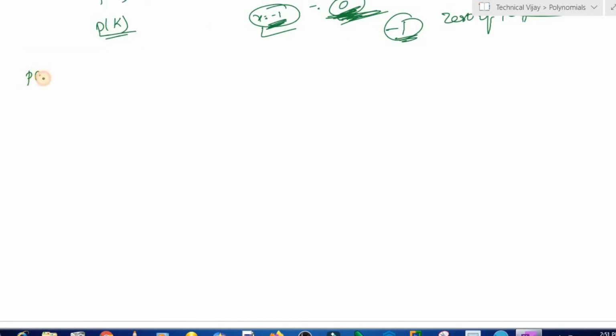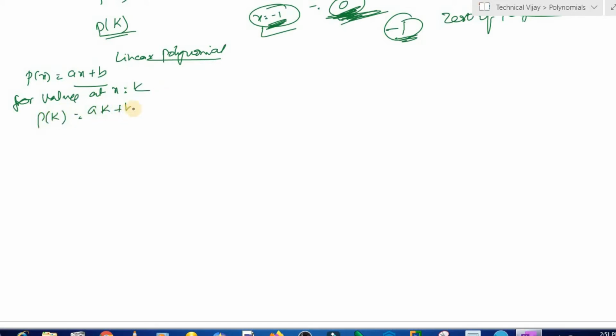In general, for a linear polynomial, p of x is equal to ax plus b. For the value at x is equal to k, p of k is equal to ak plus b. To find the zero, we have to put 0 here, so ak plus b is equal to 0. So k is equal to minus b divided by a.